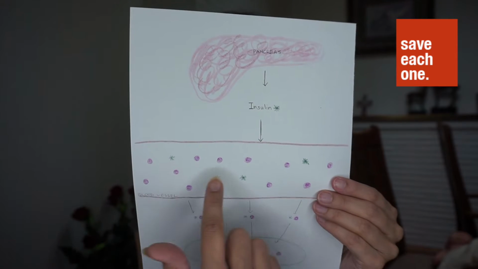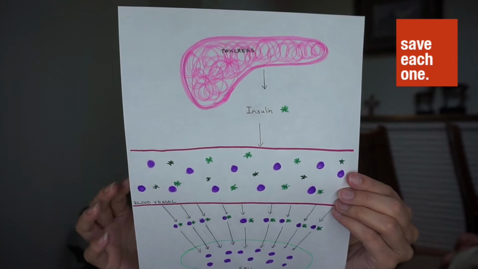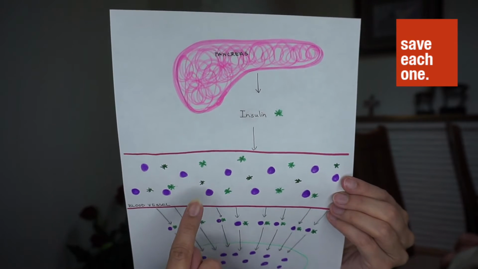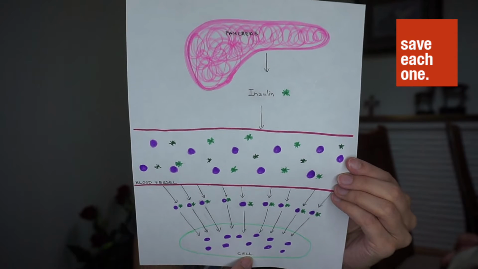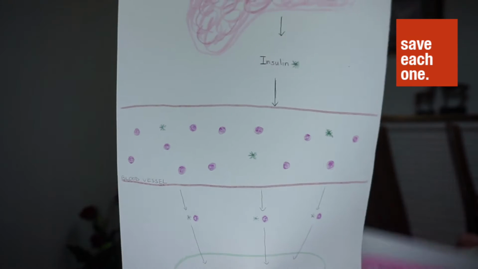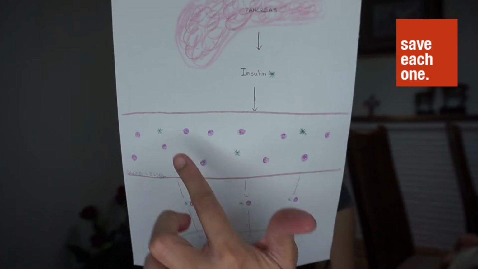So more glucose is left in the blood vessels. For comparison, in a person with a normally functioning pancreas, you'd have more insulin and hence more sugar that goes into the cells, versus this, where there's less sugar that goes into the cells because there's less insulin.